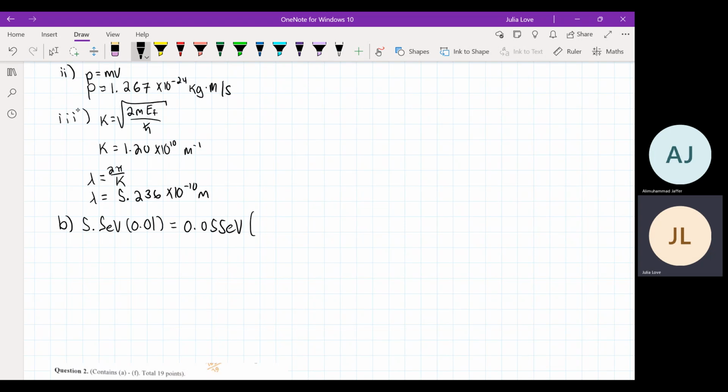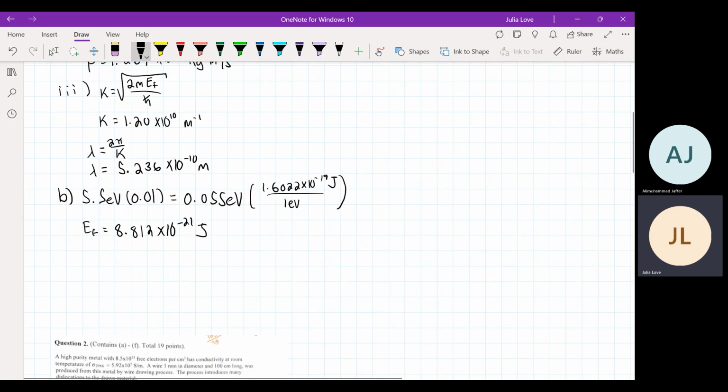Converting this again to joules, we get an energy of 8.812 times 10 to the minus 21 joules, so smaller than before.